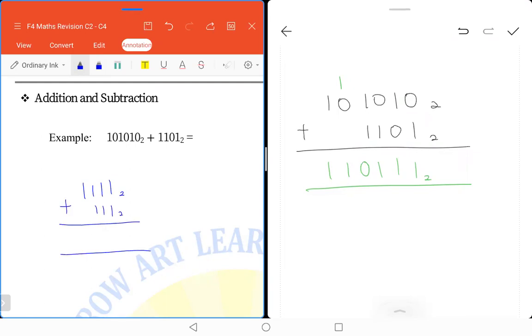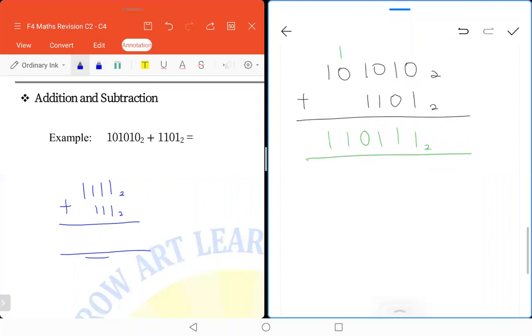Can I have your answer? Okay, give you 1 minute. Try this. If it's 2, then it becomes 10. Okay, I have one answer here.